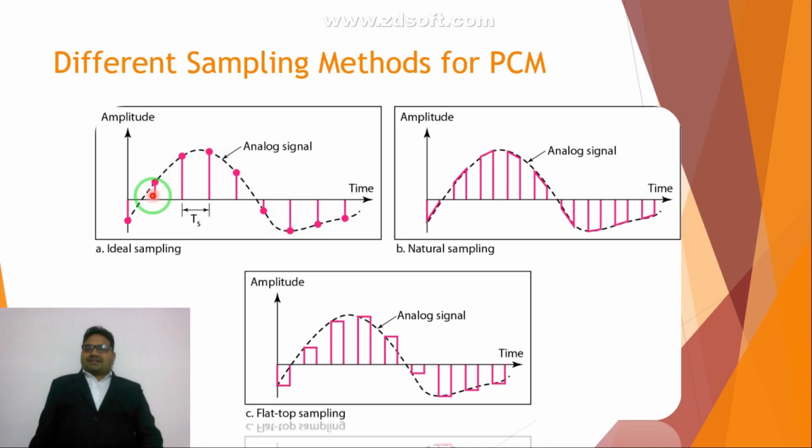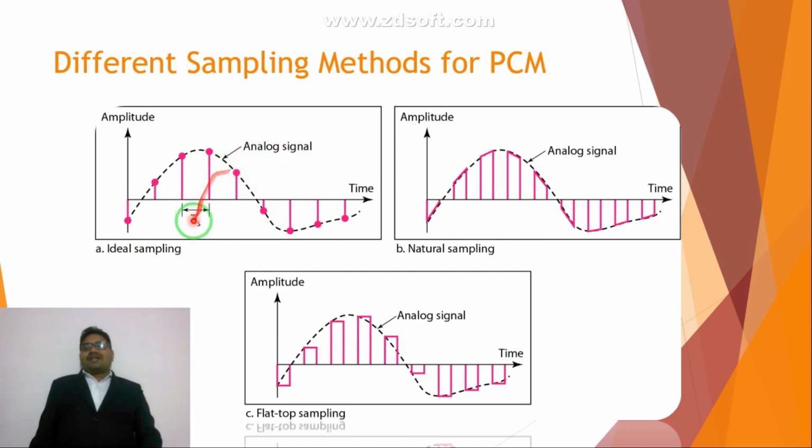Since the width of these pulses tends to 0, that's why it is called ideal sampling or impulse sampling. Since the width of this pulse tends to 0, the power content, the energy content, is very low. So we could not use this ideal sampling for transmission, and practically it does not exist.